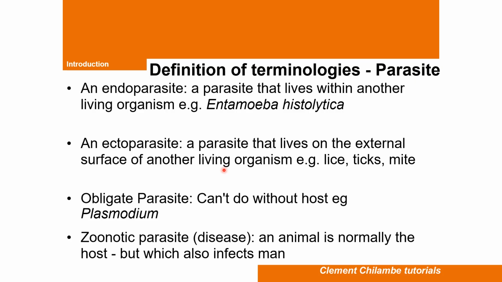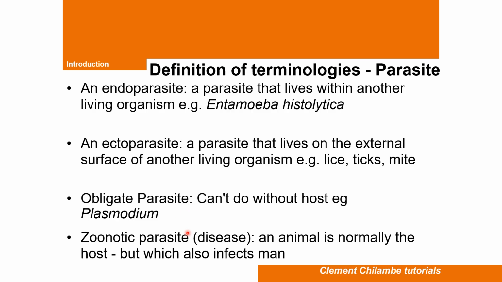It lives freely. Then under endoparasites, remember, this endoparasite can further be divided into obligate parasites, which are parasites that cannot exist without a host. So they can't live without a host.